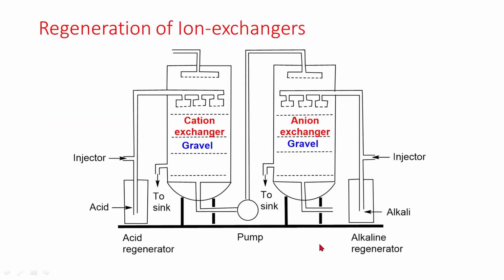In this diagram, we will see regeneration of ion exchangers. To regenerate the ion exchangers, the flow of hard water is stopped. Cation exchanger is regenerated with the help of acid, which is allowed to percolate through the cation exchanger and it goes to the sink.